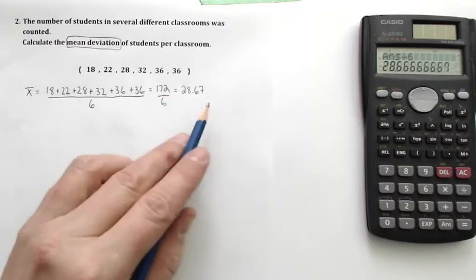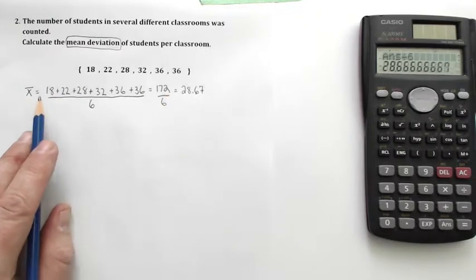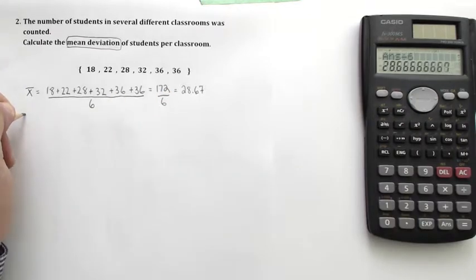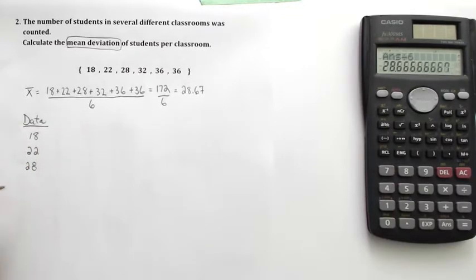Okay, so the next step really is to say, well, how far away is each of these from that mean? So we're going to list out all of our data. We have an 18, followed by 22, 28, 32, and then the number 36 2 times.